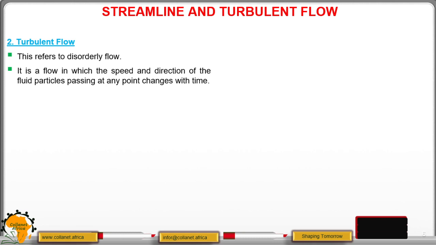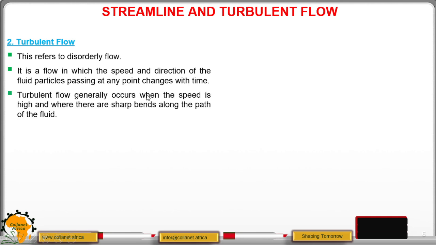It is not like streamline flow, where we saw that the particles of a moving fluid follow the same path at every point of flow. In this case, the particles may be on the same level, but they are not moving with the same velocity, and even the direction is not the same.